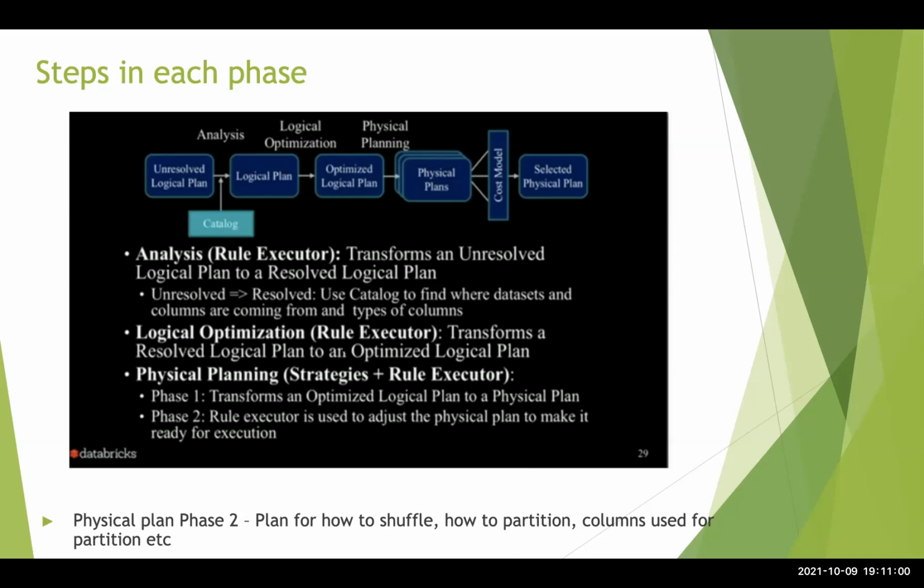The logical optimization transforms a resolved logical plan to an optimized logical plan, and we discussed the many optimizations happening, the rule based and the cost based. The physical planning, strategies plus rule executor, does both of these things. It transforms an optimized logical plan to a physical plan, and the rule executor is used to adjust the physical plan to make it ready for execution.